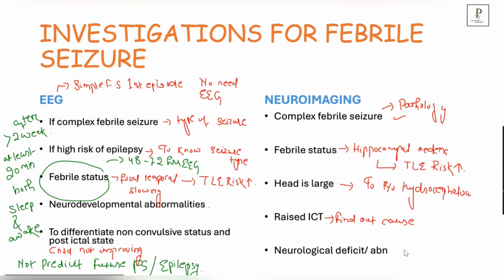If neurological deficit or abnormality is there, you must do neuroimaging. So these are the indications: large head, raised ICT features, complex febrile seizure, febrile status, or neurological deficit. In neuroimaging, you have an option to do CT or MRI.